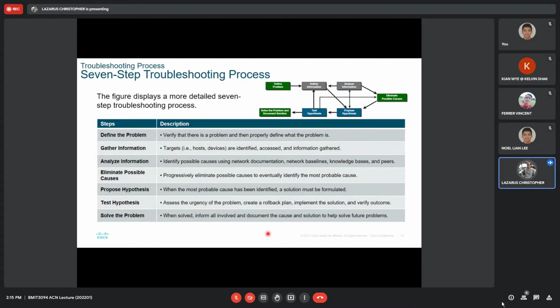And then you have to document it. Document both the cause and your solution. So this should be put into some form of knowledge base. So if you yourself maybe forgot about it, then you can refer back to the knowledge base. If it's a similar problem, then you can try the solution.